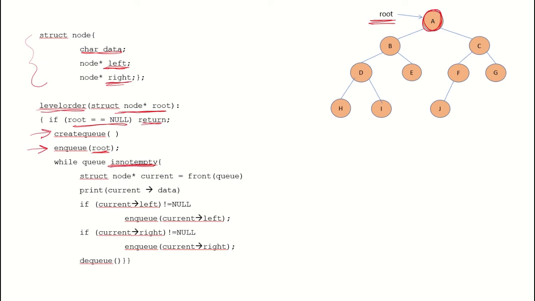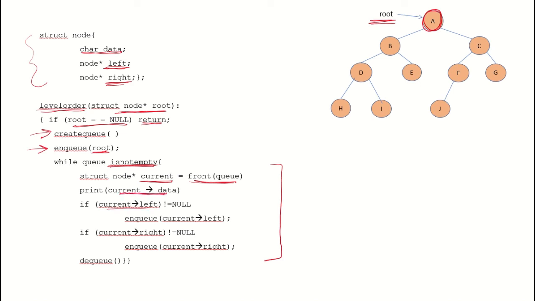Until the queue is empty, we are going to follow this loop. First of all, whatever element is at the front of the queue will be taken as the current node, and we are going to print its data.